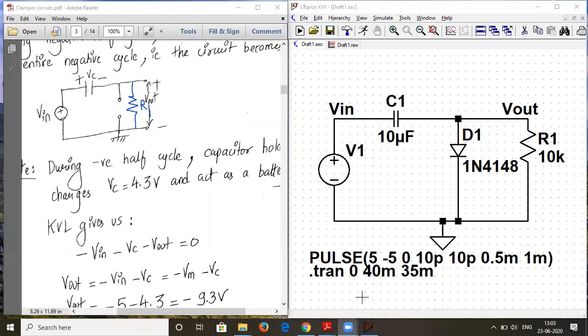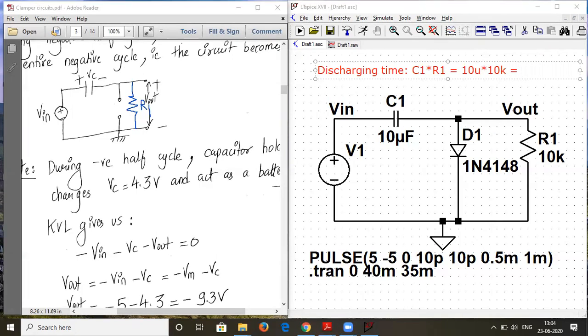So let me annotate again. Let us calculate the discharging time for the capacitor. The discharging time will be given by C1 multiplied by this resistor R1. So 10 micro multiplied by 10K.